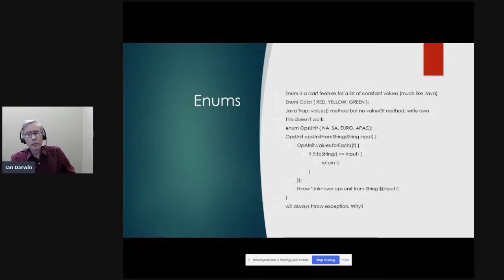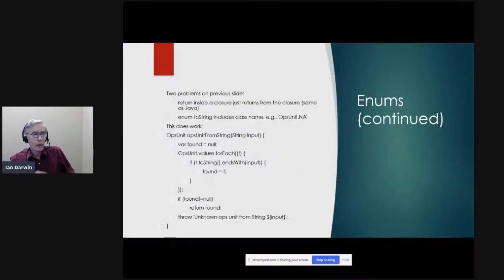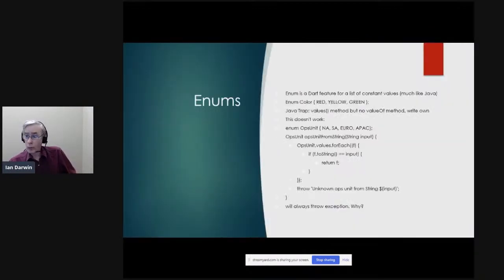If you know Java really well, you probably guessed it already. One of two things. I'll give you a few seconds to mull it over. First off, return inside a closure, which is like a lambda in Java, returns from the closure, and that's the same as in Java. So this return doesn't go down here and return this value.